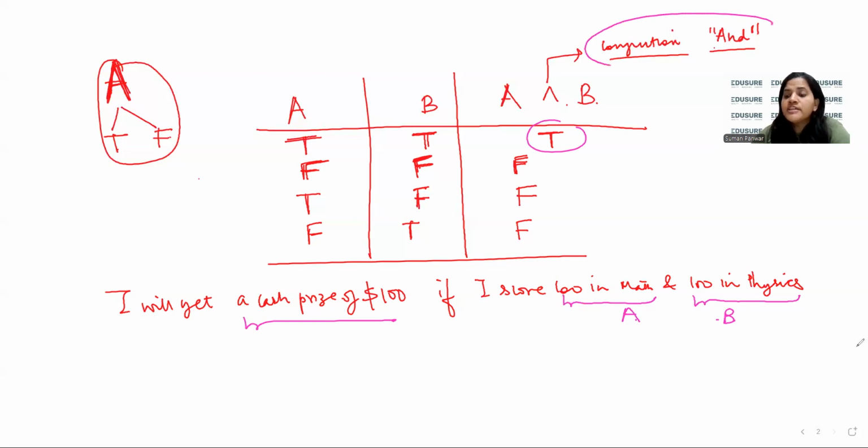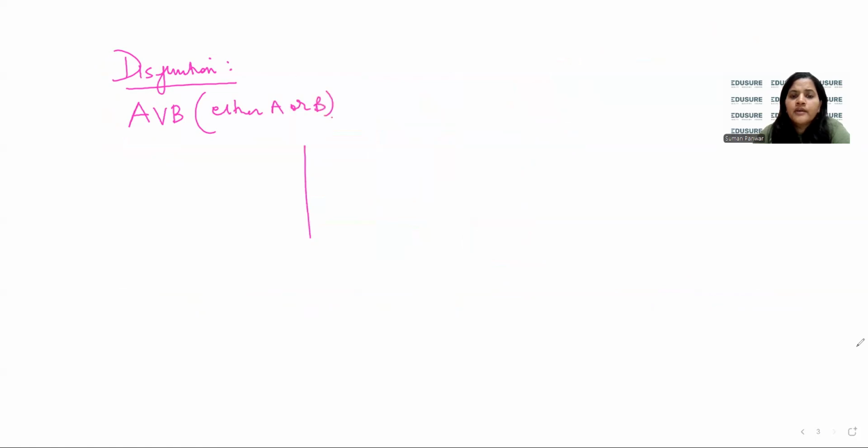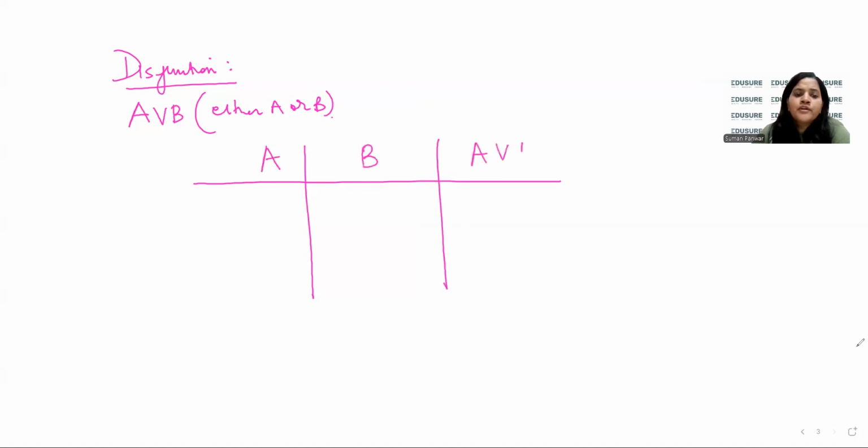Similarly, we have a concept of disjunction. Now, what do you mean by disjunction? This means either A or B. Okay. So suppose this is A and this is B and this is the disjunction of A and B. If this is true, this is true, this is true.